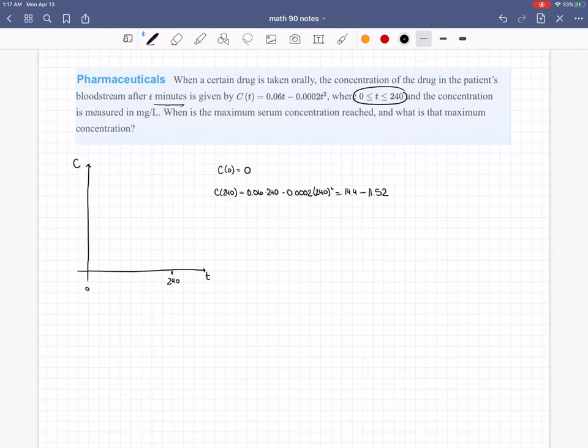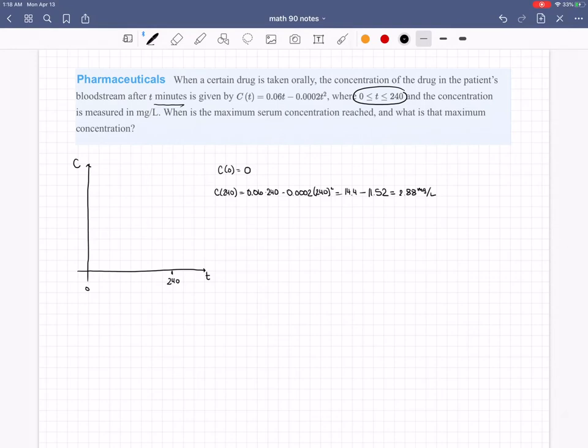So four hours after the patient took the drug, the concentration of it in their bloodstream is 2.88 milligrams per liter.